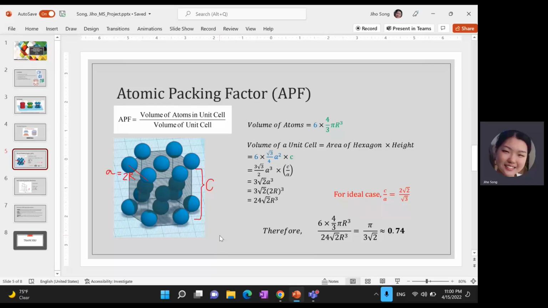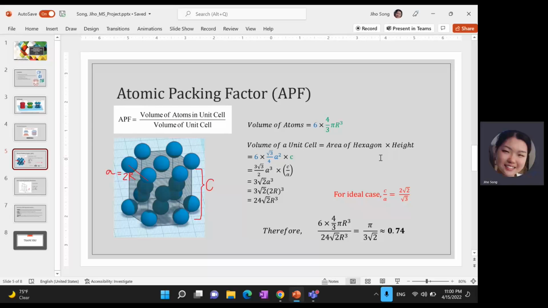Let's say that the height is c, and one side of the hexagon is a, which is equal to 2r. For the volume of atoms, we just need to do the number of atoms, which is 6, times the volume of a sphere, 4/3 times pi times r to the third power. Next, for the volume of a unicell, we need to do area of hexagon times height.